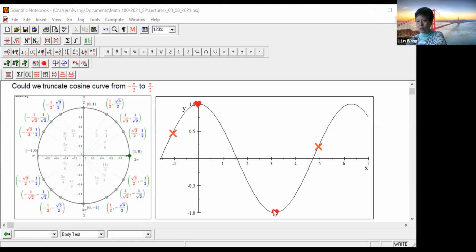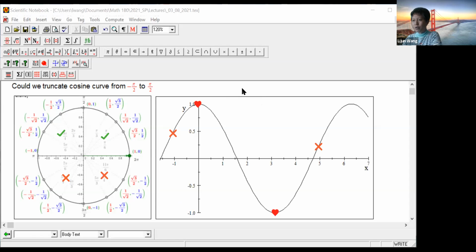This piece is 1-to-1, corresponding to quadrant 1 and quadrant 2; quadrant 3 and quadrant 4 are not considered. So there's a new function, and we know its name pretty much: it's arccosine. This arccosine is coming out. Do you follow me?